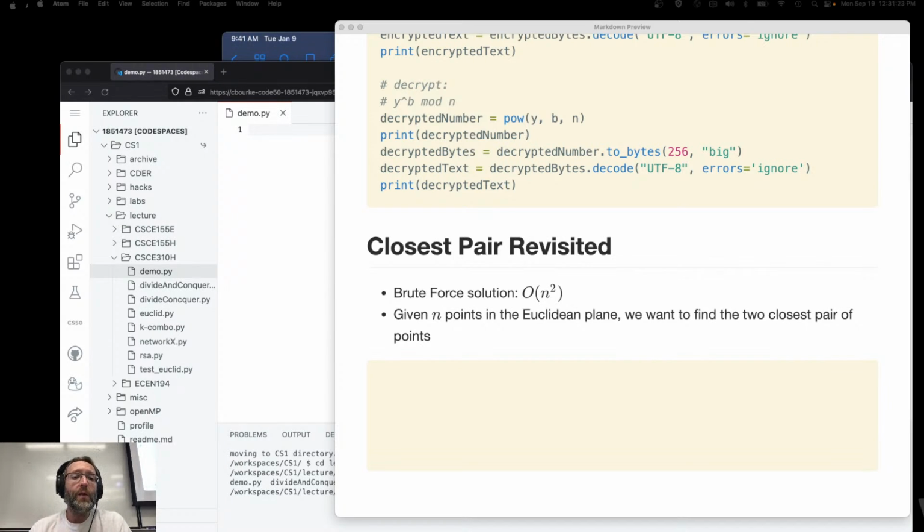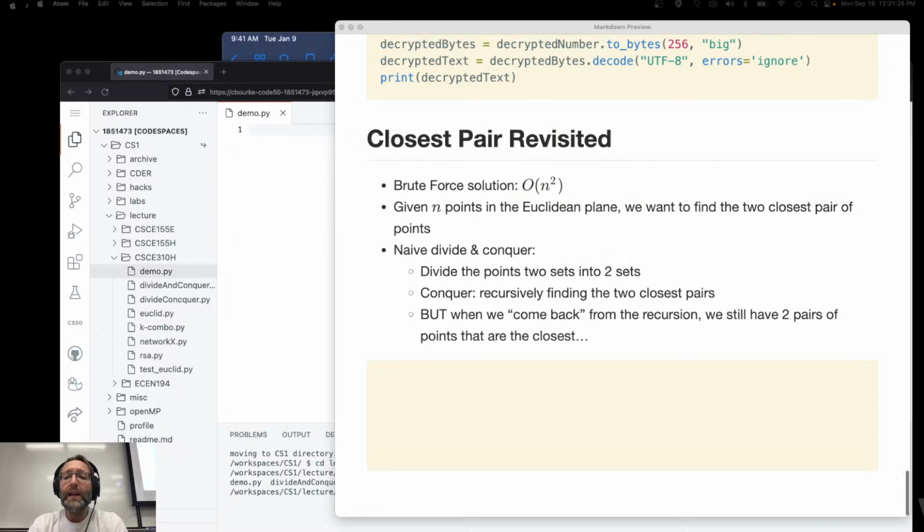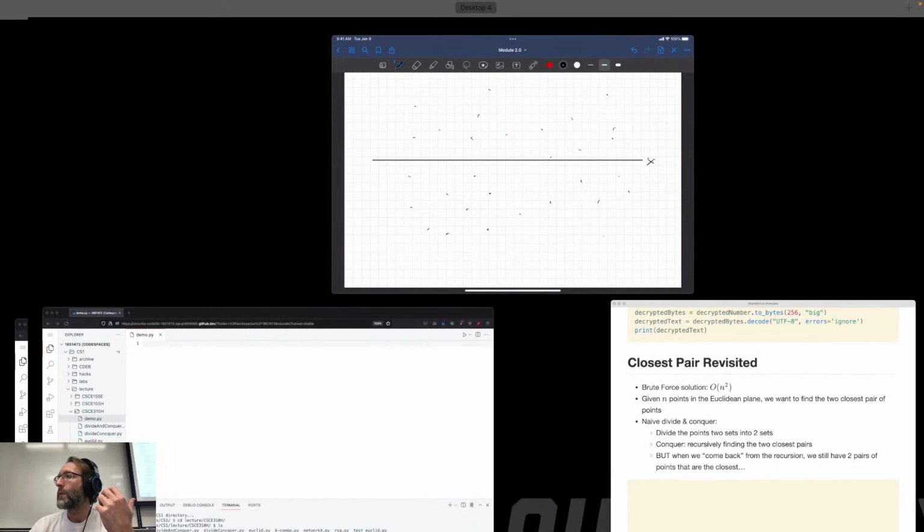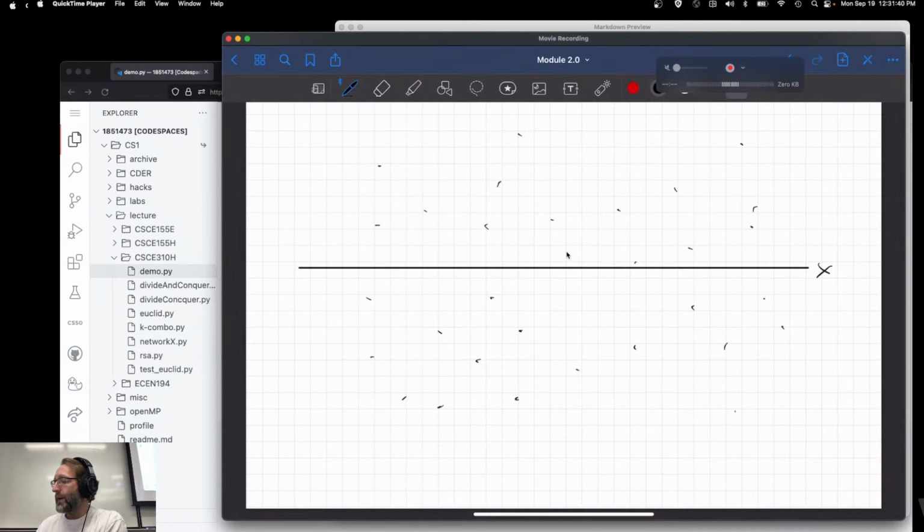Now, the way that we looked at this on Friday was from a naive divide and conquer strategy, where you divide it into 2 sets, you conquer by recursively finding the closest pair, but then when you come back from the recursion, you have to be very, very careful, right? Again, here is our idea. We've got a whole bunch of points in the Euclidean plane.